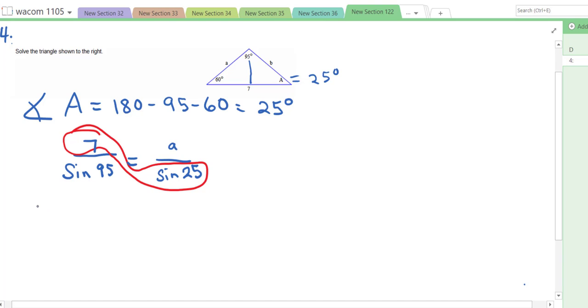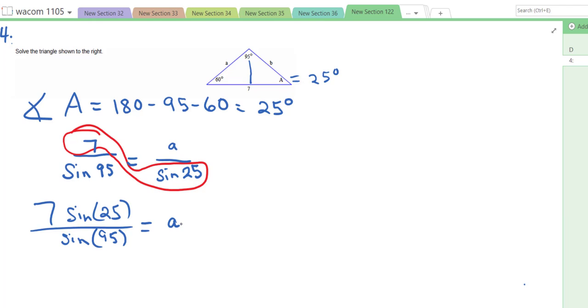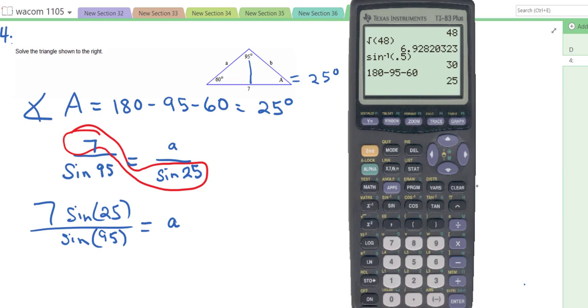So 7 sine 25 divided by sine of 95 should equal our small a. And the directions said for the sides go to 2 decimal places. All right, so let's try that.